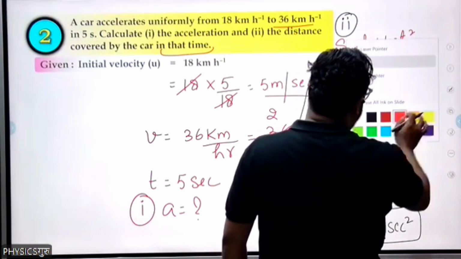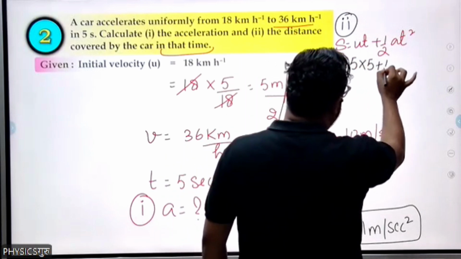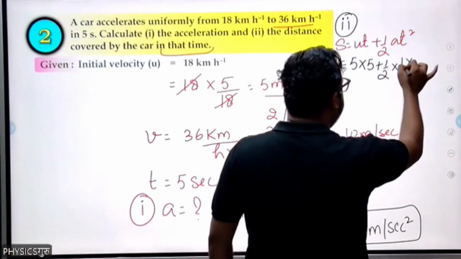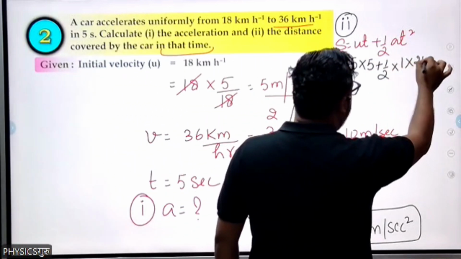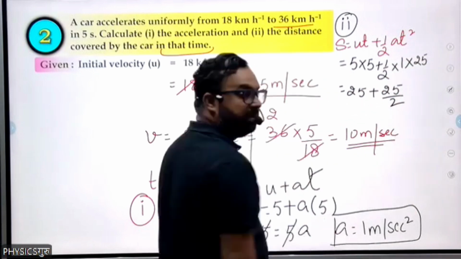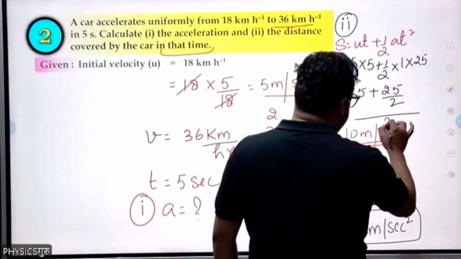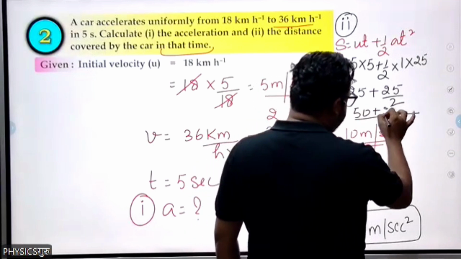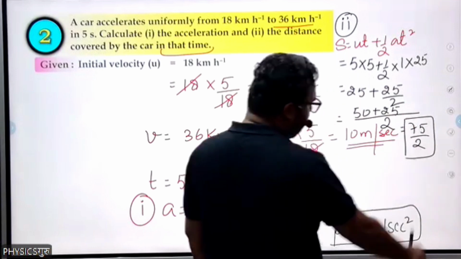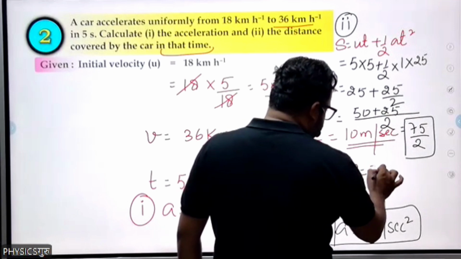U is 5, time is 5 seconds, plus half, acceleration 1, into 5 square, that is 25. So it is 25 plus 25 over 2. Taking the LCM, which is 2, 25 times 2 is 50, 50 plus 25 is 75 over 2. So the distance is 75 over 2.